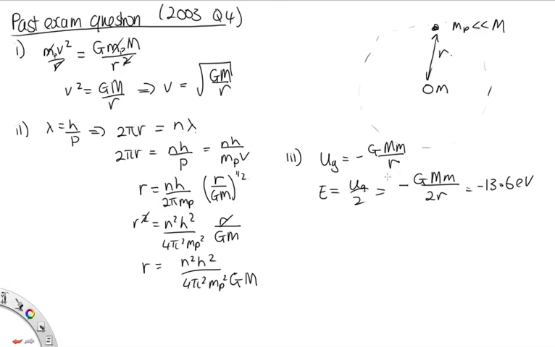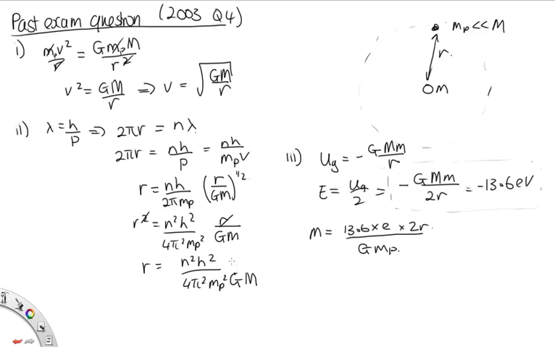So now all we need to do is solve this equation here to try and get the mass M. So we've got the mass M is equal to 13.6. Now that's electron volts. Let's get it into joules. So we times it by e to get it into joules, and then we times it by 2r, and we divide it by G times the mass of the proton.